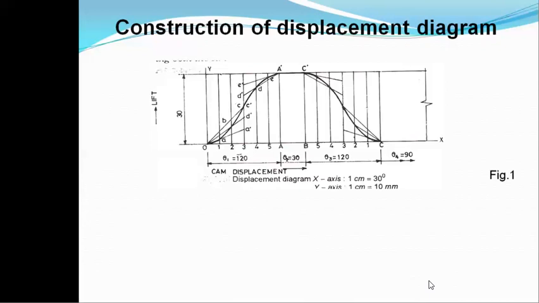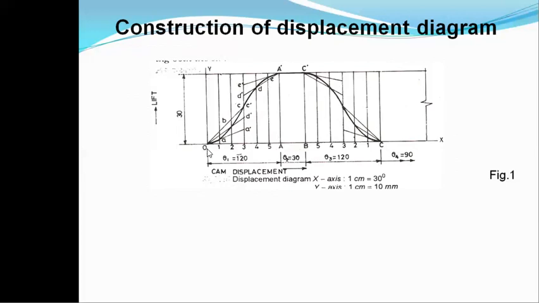So here is the construction of the displacement diagram. Mark OX equal to 360 degrees of cam rotation for one revolution, and similarly OY equal to the stroke length, and complete the rectangle.